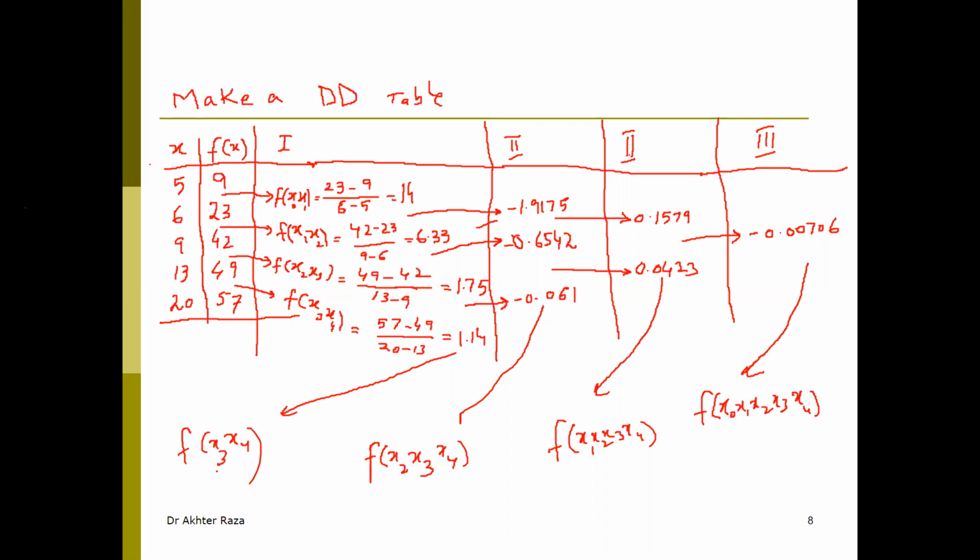If we have 5 arguments in the bracket, 1, 2, 3, 4, 5, then it is a fourth order divided difference.